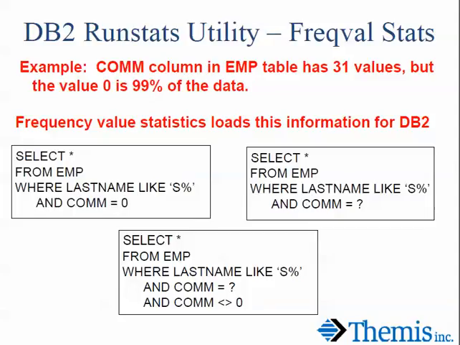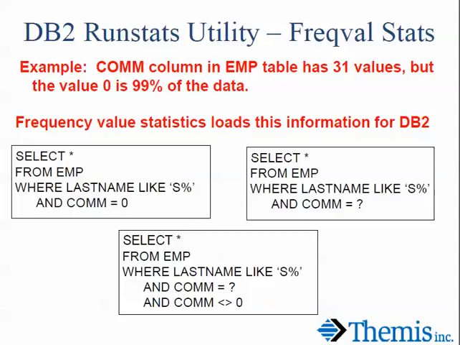If that hard-coded value goes to DB2, DB2 can look that up. It's going to look at any hard-coded values in the catalog tables and try to figure out if it knows anything about that value. So if it sees 0 in there, it says, oh, 99%, that predicate is hardly filtering any data.